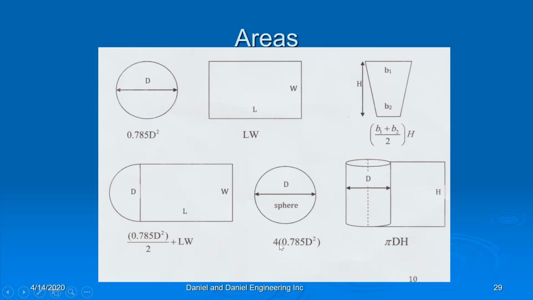A sphere, the area of a sphere is 4 times that of a circle. And then, importantly, if they ask you to find the area around a cylinder, it's different to what you call the total surface area. For the area around the cylinder, just think about the cylinder, you cut it down here, where you see these dotted lines, and you open it out.